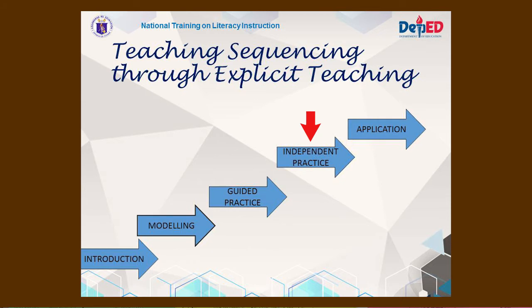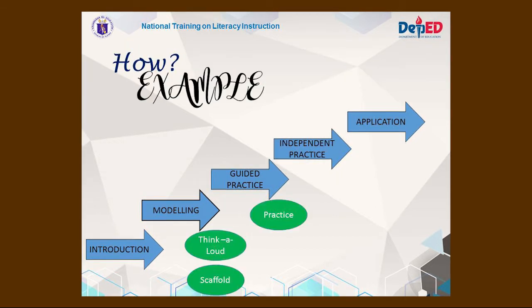The independent practice and the application pertains to the you do part, the learner's part. Now, an example that I could give, for introduction and modeling, we can have the think aloud and the scaffold. And then for the practice, and then for the independent and application.